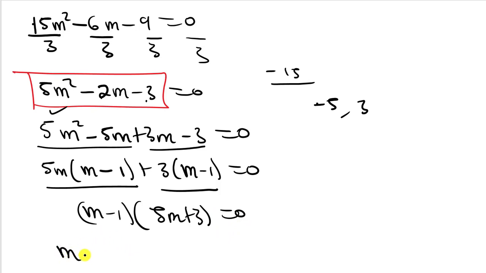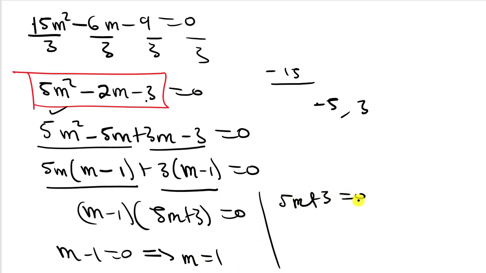Okay, you take each linear factor then equate it to 0. So you're going to have your m minus 1 being equal to 0, which implies that our m will be equal to positive 1. You pick the other linear factor, that is 5m plus 3, and then equate it to 0. You are going to get your 5m to be equal to negative 3, which implies that your m will be equal to negative 3 over 5.